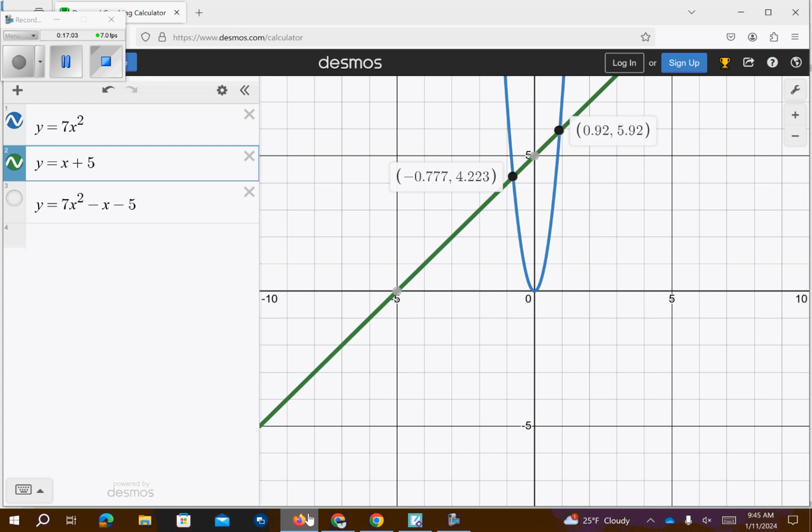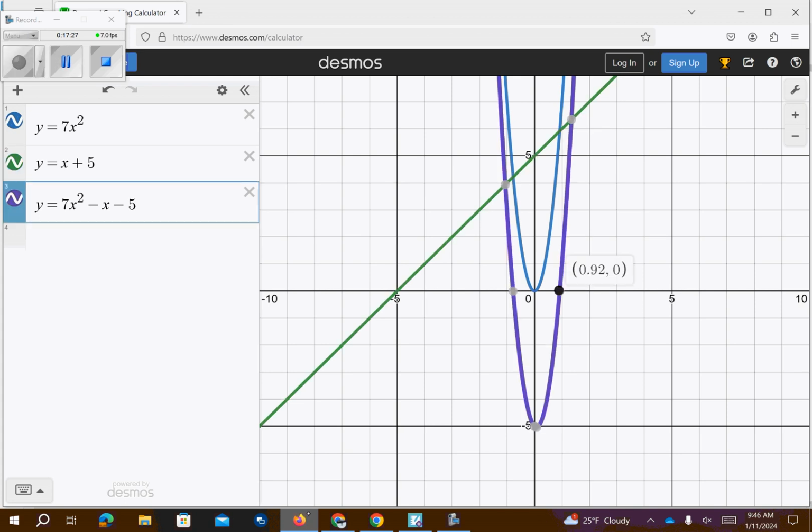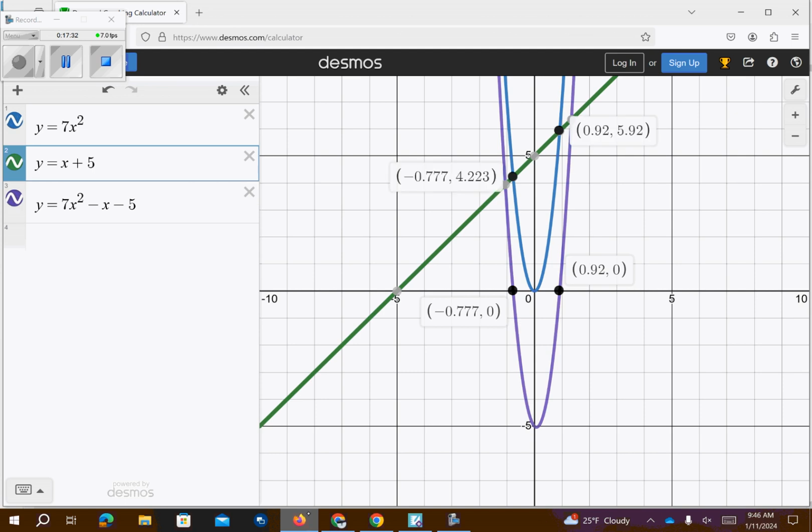So if I had 7x squared equals x plus 5, and I wanted to solve it, the x values for the solution are negative 0.777, which is 7/9, I think, and 0.92, which is 92 over 100, which reduces, but I'm not going to do that. But that's what takes place. So that's an eye-opening situation, to realize that when this takes place, those values are the same.